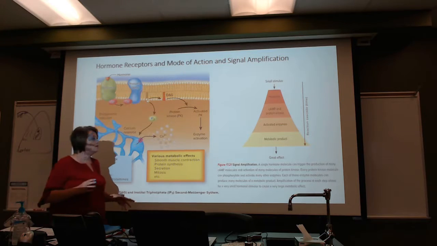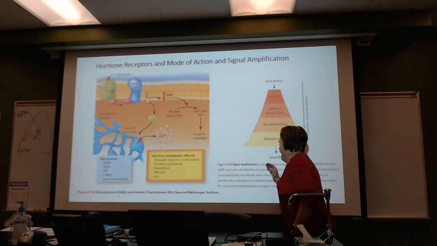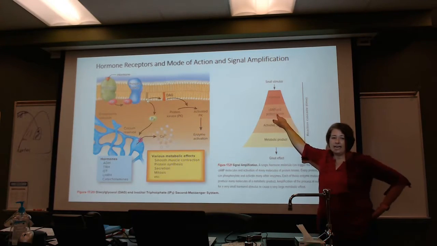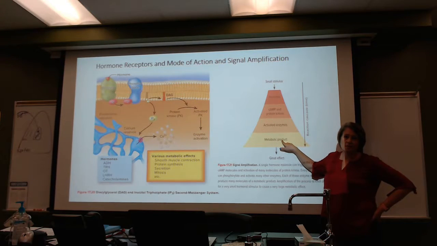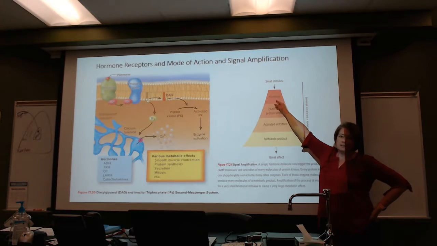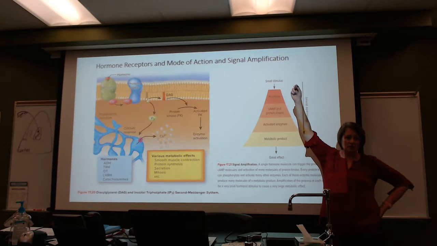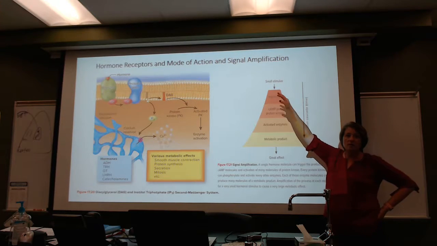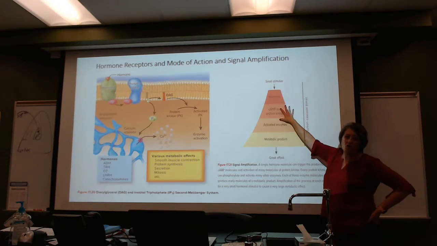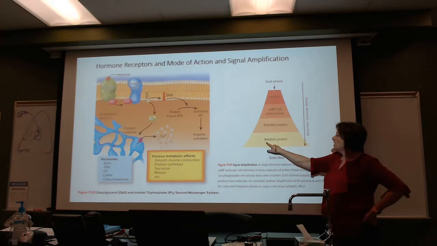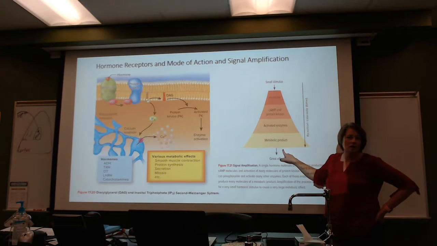So hormones have what we call a cascade effect. You only need a very minute amount of a hormone because the cell, the target cell, will create a ton of the product.